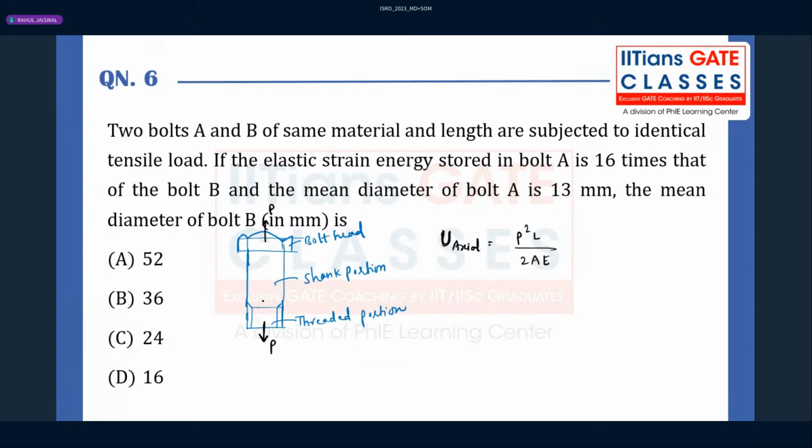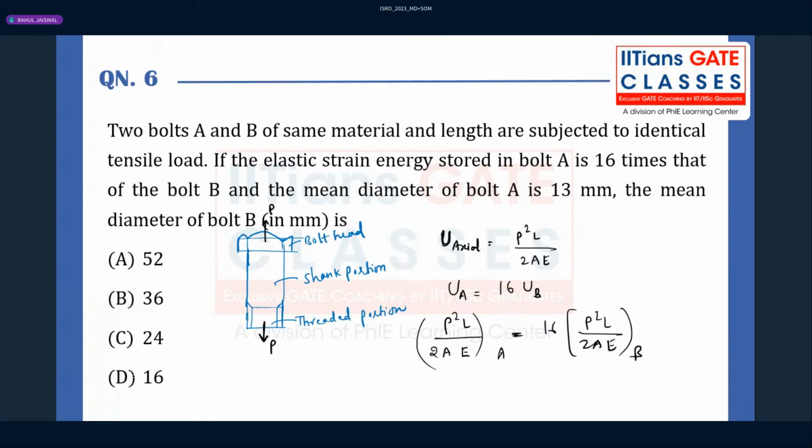There are two bolts, A and B. What they are giving in the problem is that the strain energy stored in bolt A will be 16 times that of bolt B. Load is the same, length is the same, only the area will change. So if we consider this for A, it is 16 times P squared L divided by 2AE of bolt B.